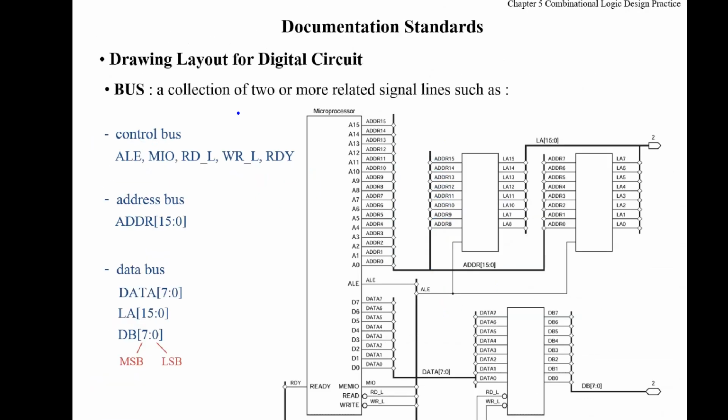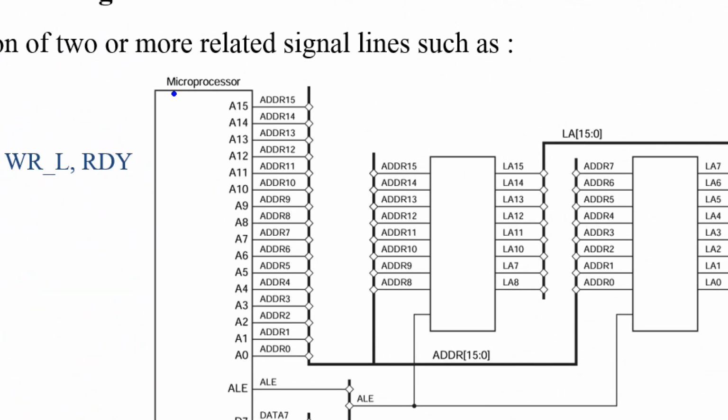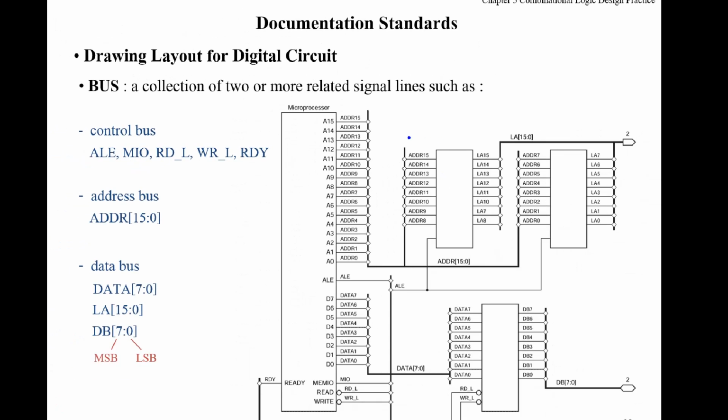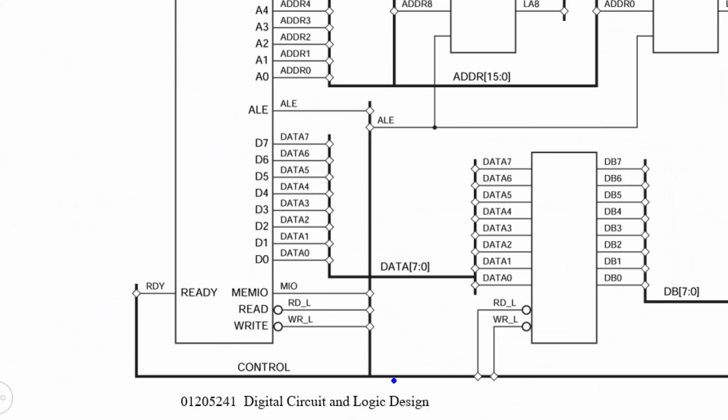And this will show you something like a microprocessor, which may have some address, address, data, data. It has 8 bits.